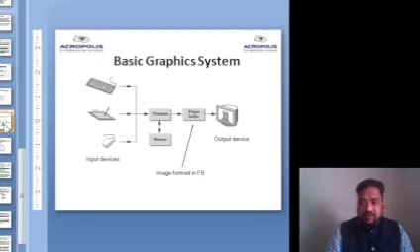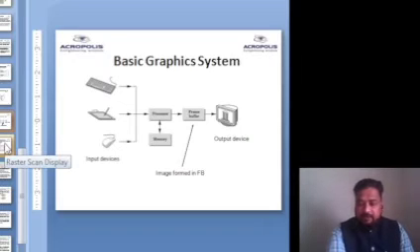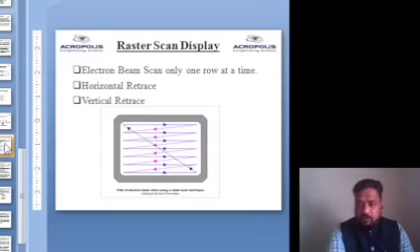You can see the frame buffer, input output devices, memory, and processor. So this is the architecture of the graphic system. With the help of these devices, we can display images on the screen of the monitor, as I already told you about the displaying methods.